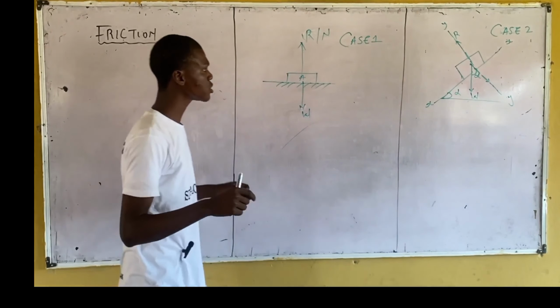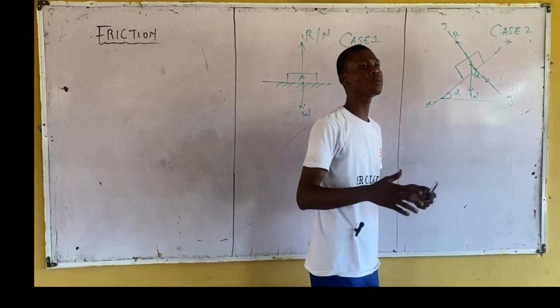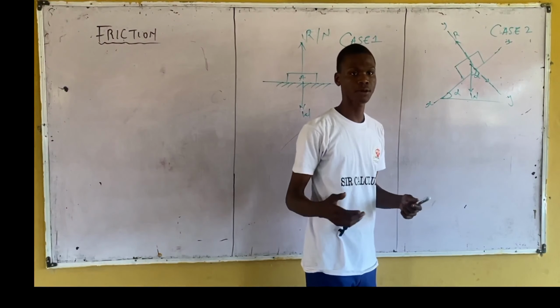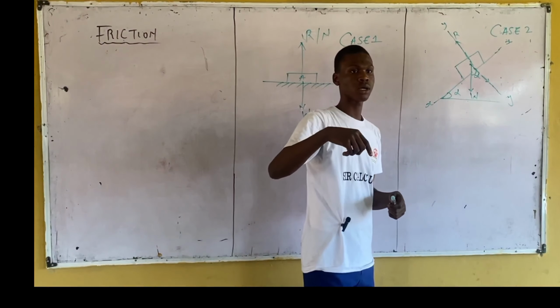Now, what you need to know again is that we are talking about friction. What does friction mean generally? Friction is the force that opposes the motion of a body, right?